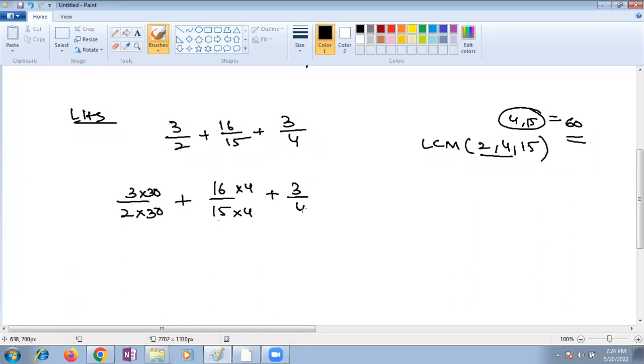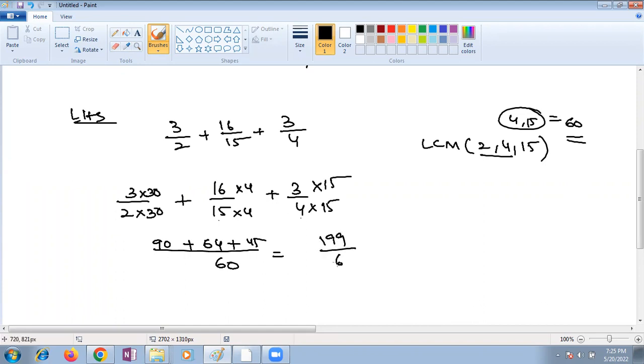And 3 by 4, denominator was 4. 4 15s are 60, so 15 times 3 is 45. So we equate the LCM: 90 plus 16 4s are 64, plus 45. Add up all these: 199 by 60.